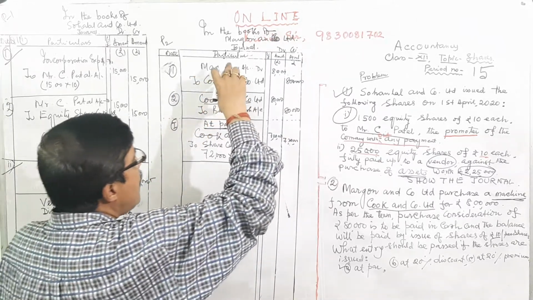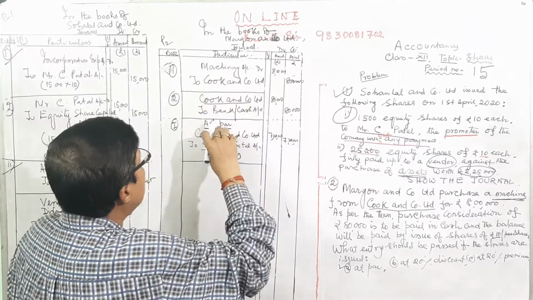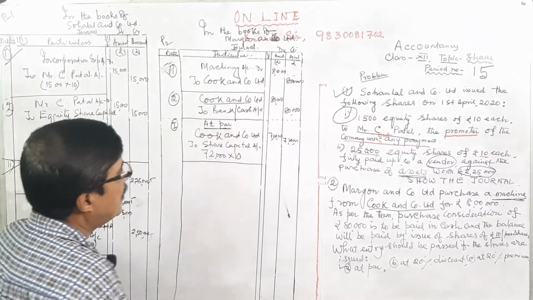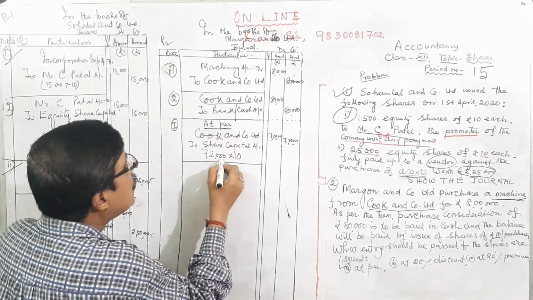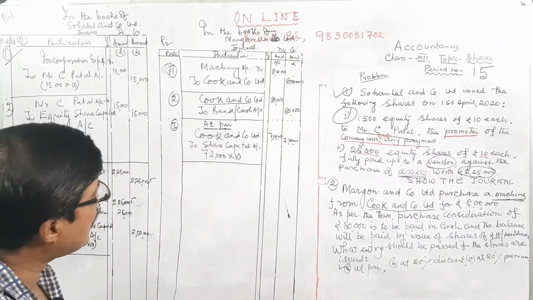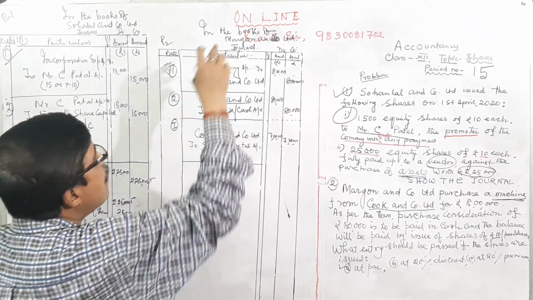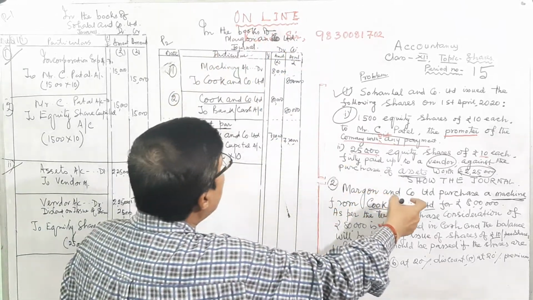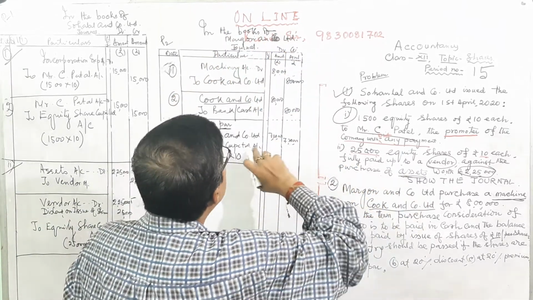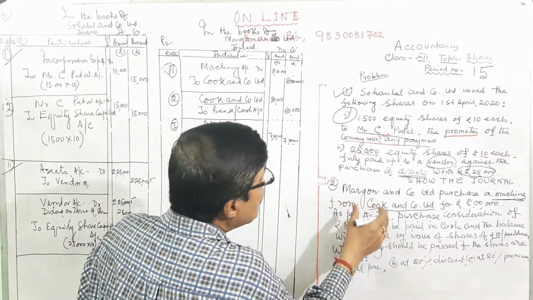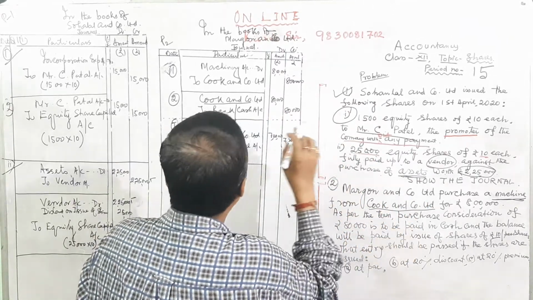First part in bank or cash, second part by issuing shares. That means 72,000 shares of rupees 10 are issued to Cook and Company by Morgan and Company against the purchase consideration of the machine.